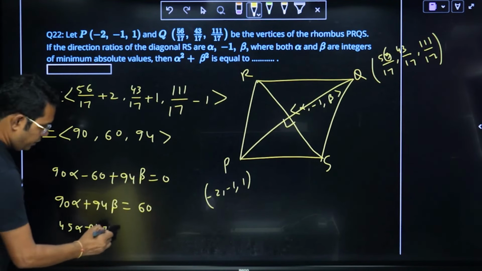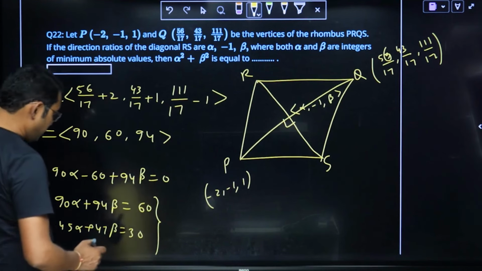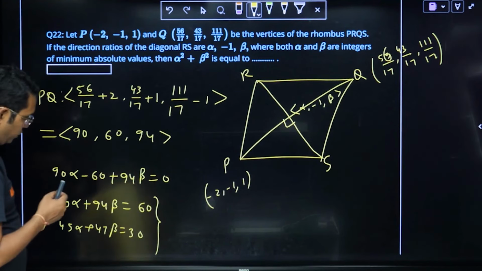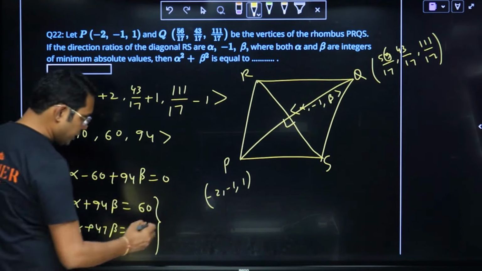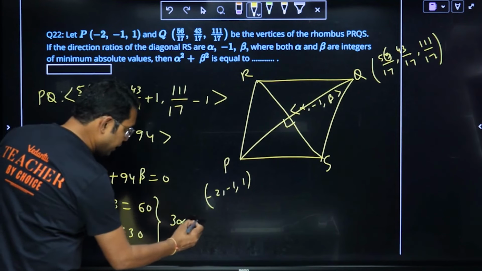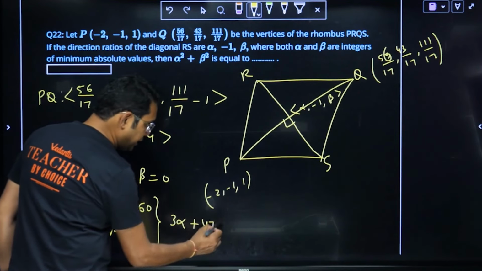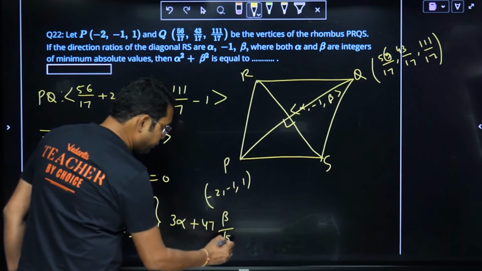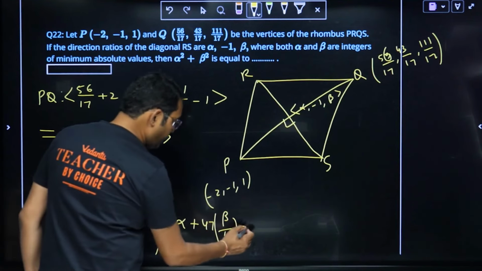Now listen carefully. Now these two things are multiples of 15, so my beta has to be at least a multiple of 15, isn't it? So this will be 3 alpha after dividing by 15, plus 47 into beta upon 15 is equal to 2.